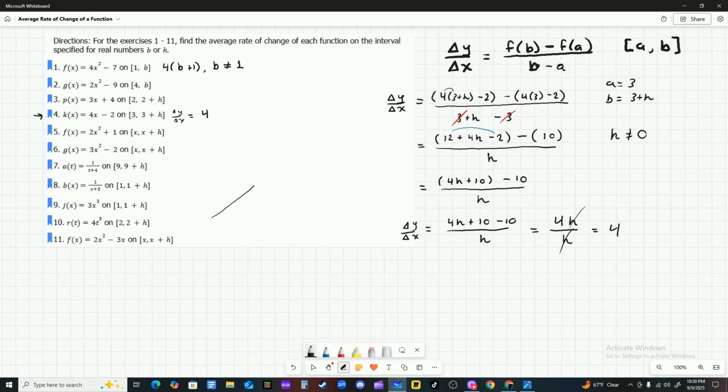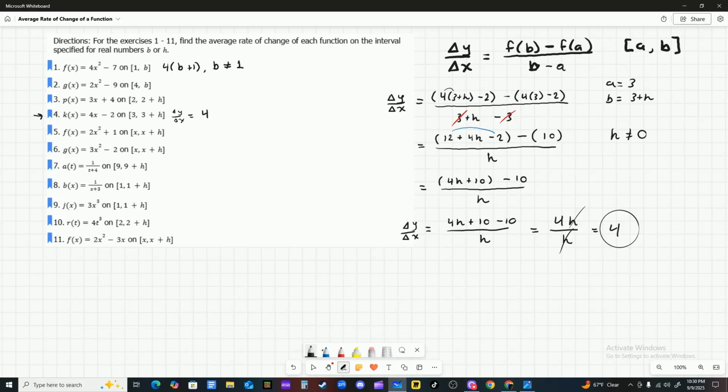Linear functions have the same rate of change everywhere. No matter what point you pick, from here to here is the same rate of change as from here to here. That's the property of lines. They have constant rate of change. So it's just a constant number, so we're just going to leave it as 4.